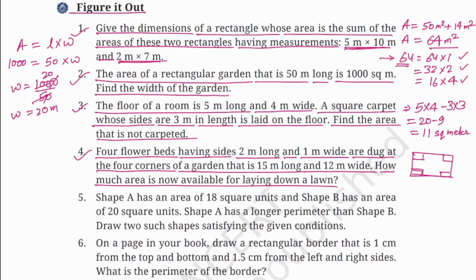Area of the garden is 15 into 12, that is length into width. Since there are 4 flower beds having dimensions 2 meter by 1 meter, its area will be 2 into 1 multiplied by 4.